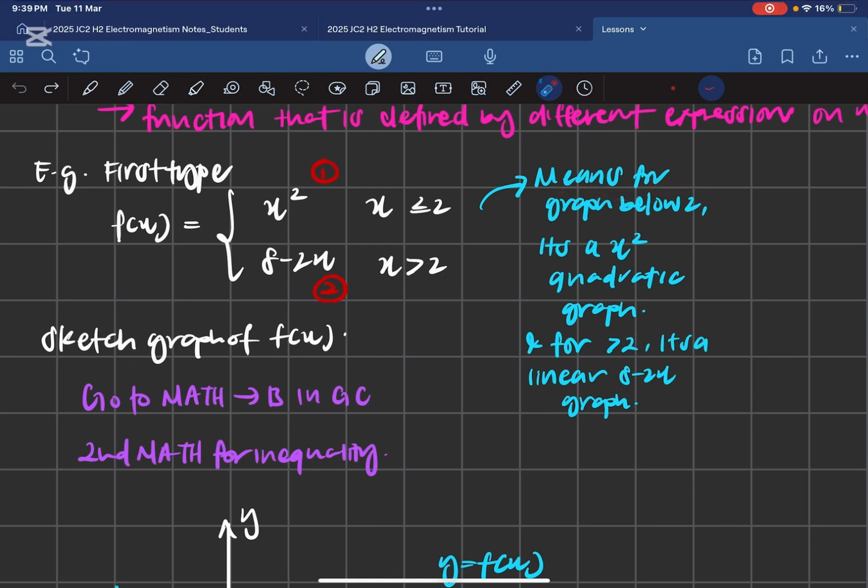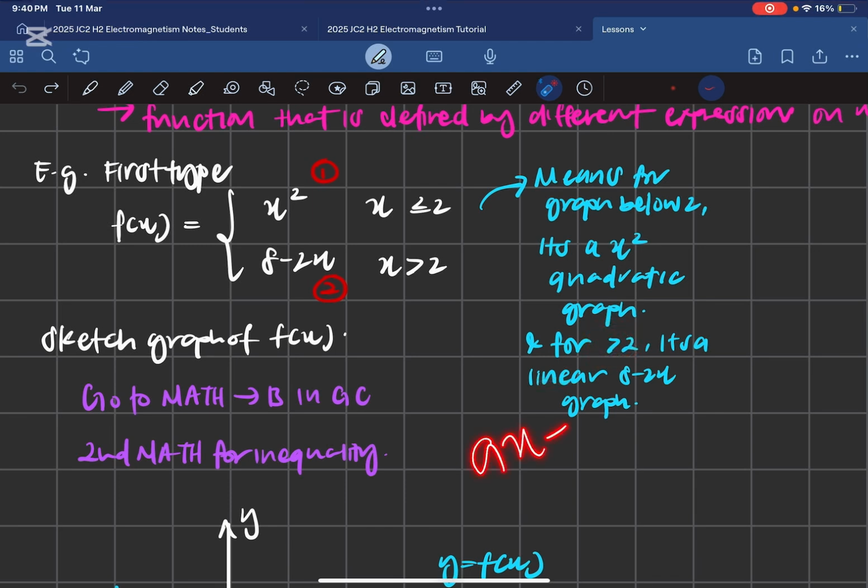Number 1, sketch the graph of f(x). Go to math. I hope you know where math is by now, it's already like 2 months in JC. Go to math and scroll all the way down, and you get the option that says piecewise functions. Then go to second math to get your inequalities.